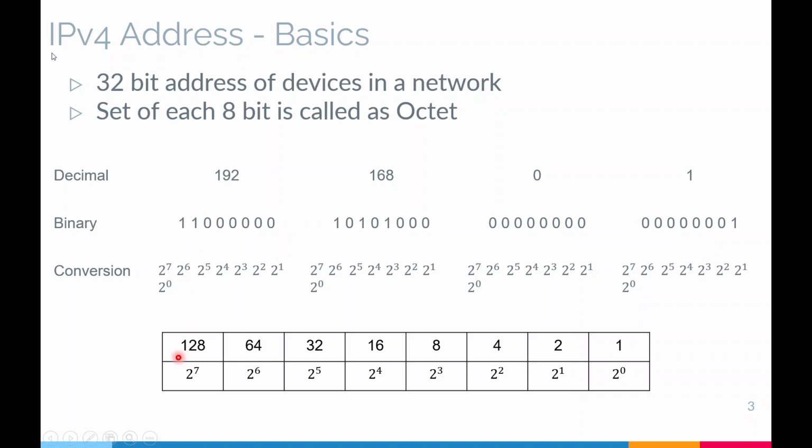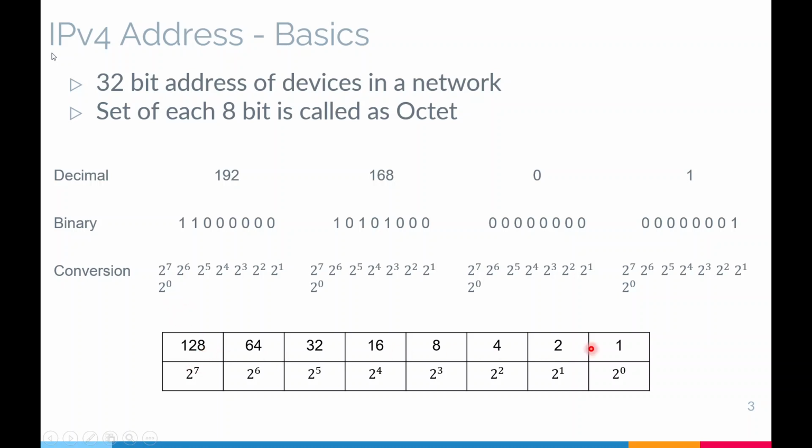Since we subtracted 128 from 192, we can place a 1 at the 7th position. So that is what we have done. Now what we are left with is 64.